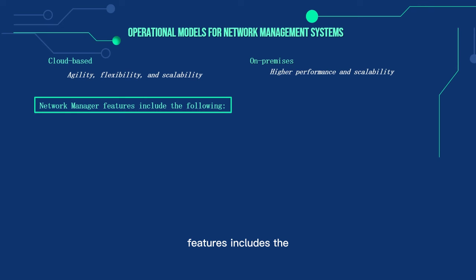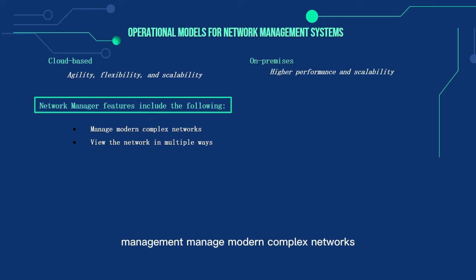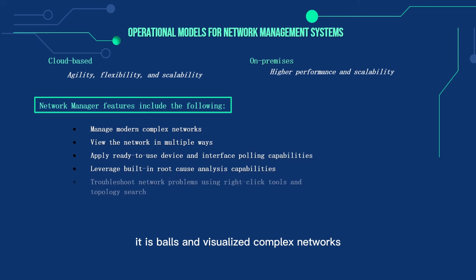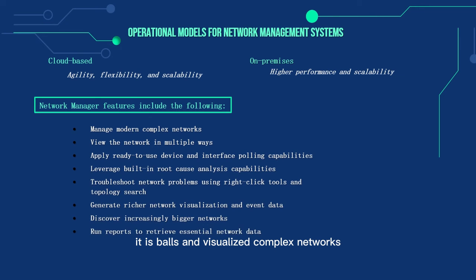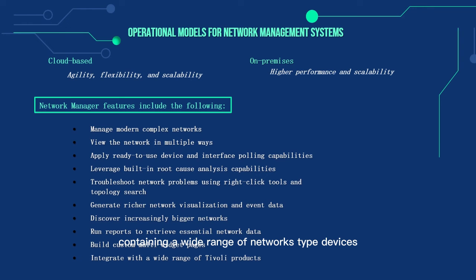Network Manager features include the following: manage modern complex networks. It discovers and visualizes complex networks containing a wide range of network devices, such as routers and switches, using network protocols such as MPLS, BGP, and OSPF, and technologies such as RAN, LTE, and Wi-Fi access.